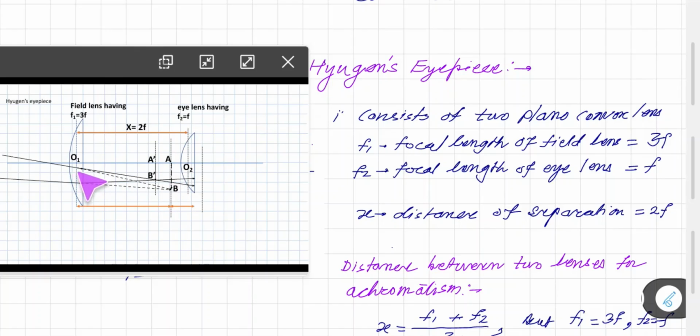Once again remember that in the absence of the field lens, the rays would reach here, and that image acts as an object for the field lens. But as the field lens is present, instead of reaching these objects here, they are refracted and form an image of this virtual object, that is A dash B dash.